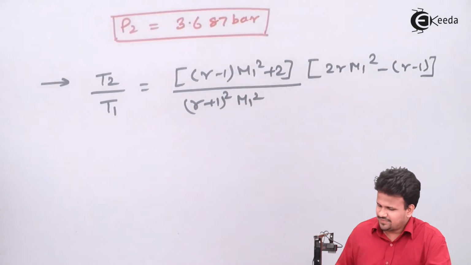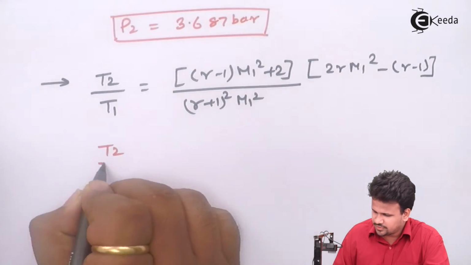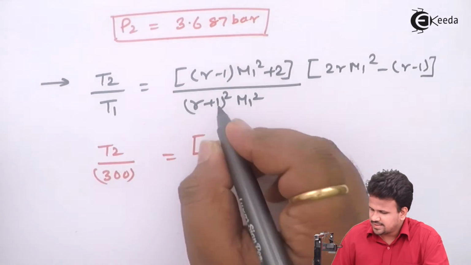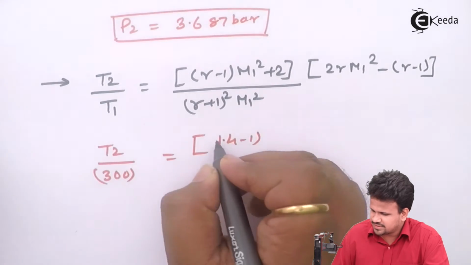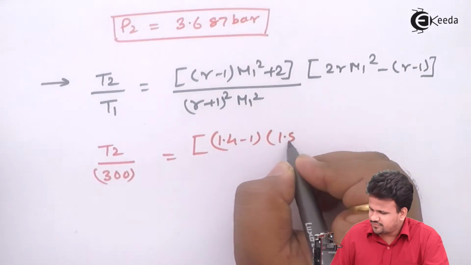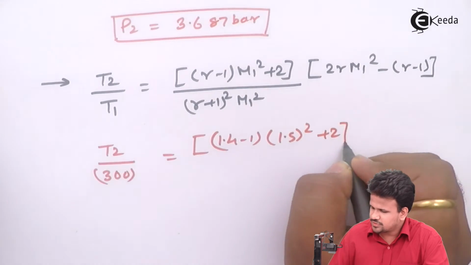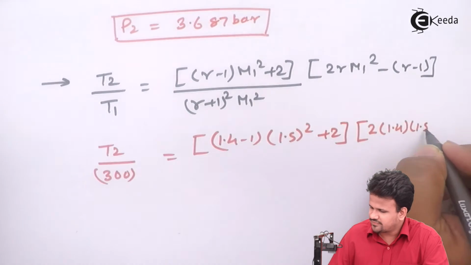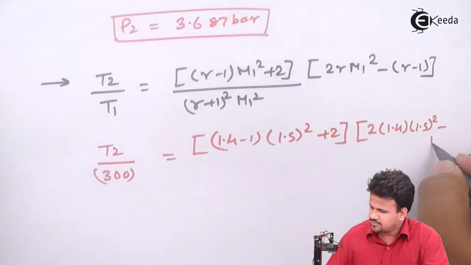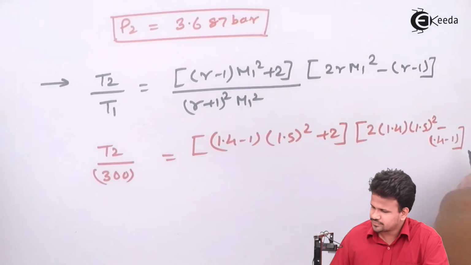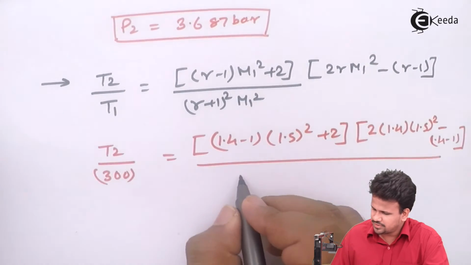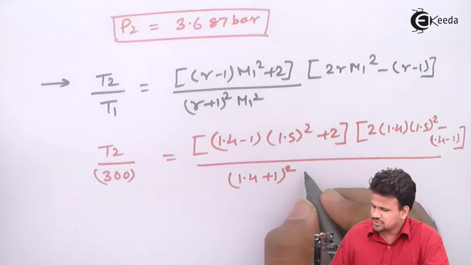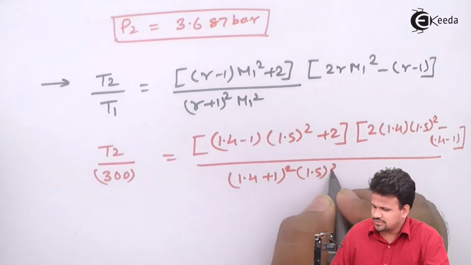Let us substitute the values, with T1 as 300 Kelvin and gamma as 1.4.